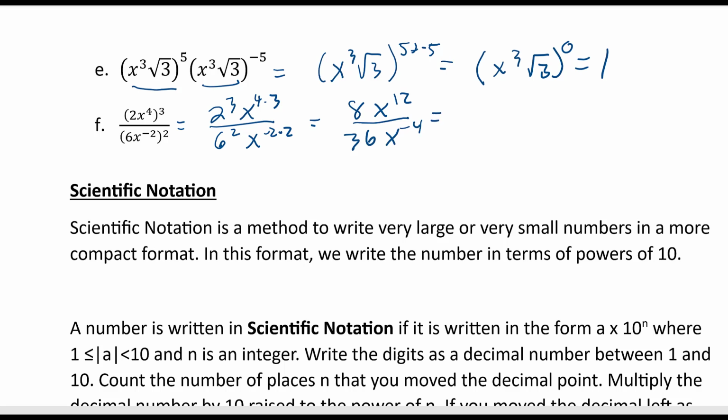So right off, this 8 and this 36, they have a 4 in common, so I could divide that out. It leaves a 2 on top and 9 on bottom. So we have 2 over 9. Then we have x to the 12 minus negative 4. So 2x to the 16 over 9.